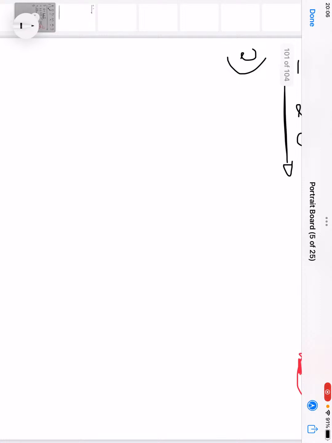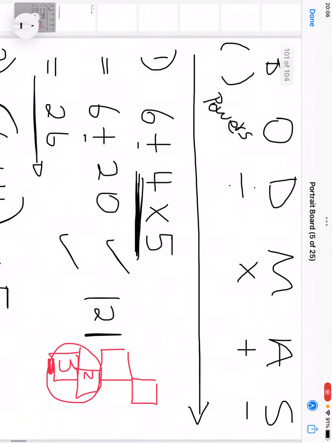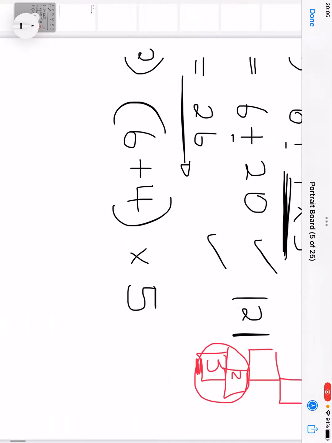So maybe let's look at another example. You might be interested in this example where we have inside the brackets 6 plus 4 that we multiply by 5. Again we refer to BODMAS. On this problem we have to start with B. Do we have the brackets?